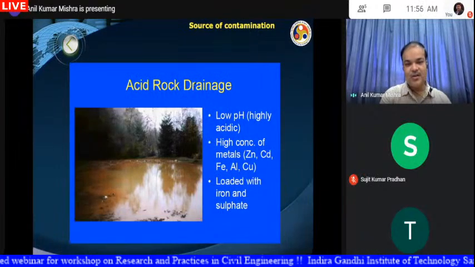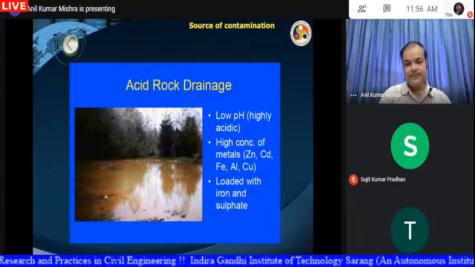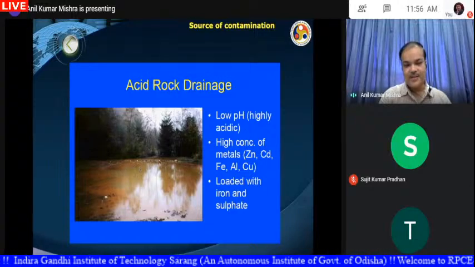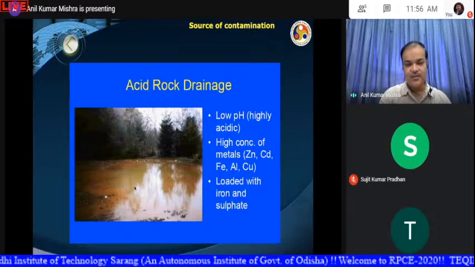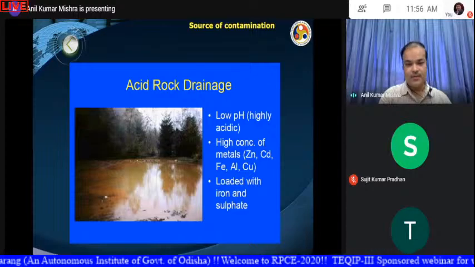Another example is acid rock drainage, which you might have seen in mining areas. In acid rock drainage, acids are formed because of some chemical reactions, and when these acids go into the water resource, they contaminate our groundwater resource.